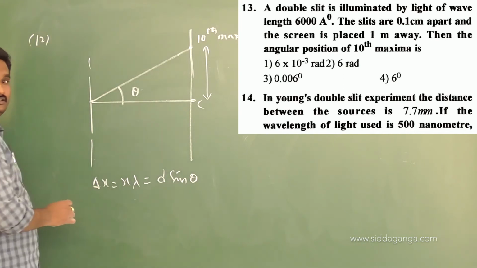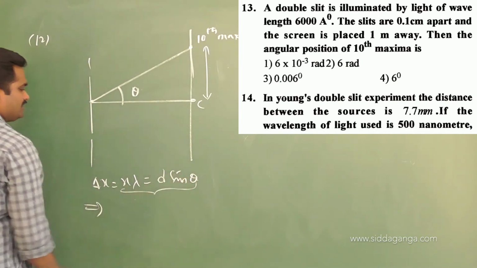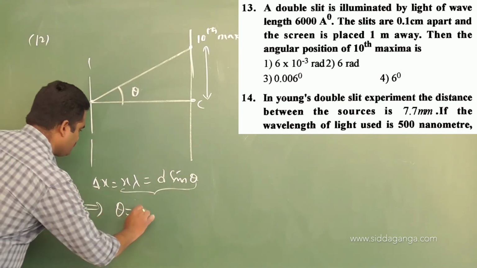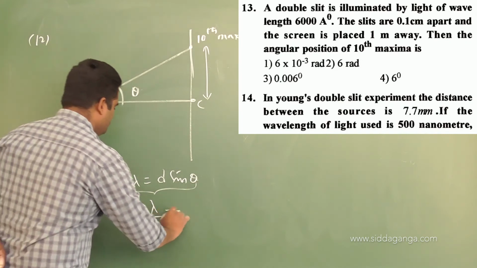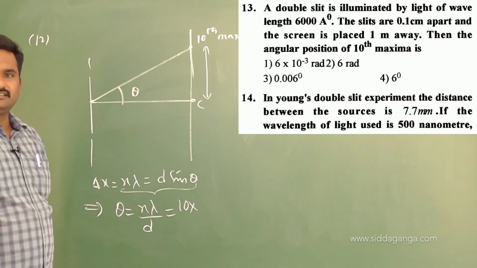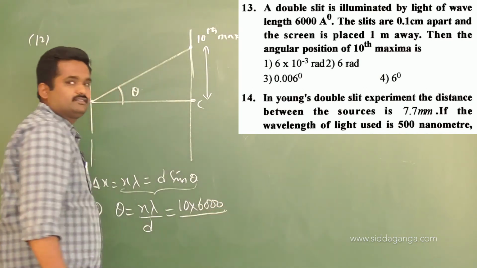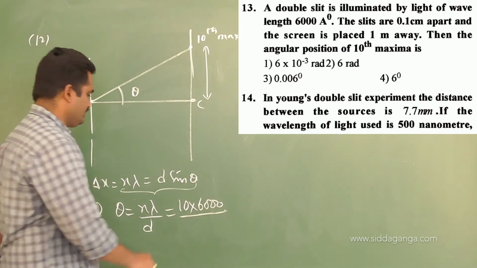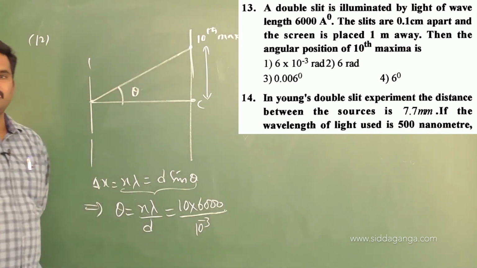From this relation, sin theta is almost equal to theta, so theta equals n lambda by d. n is 10, the wavelength of light is 6000 angstrom, divided by small d, the distance between the slits, which is 0.1 centimeter, meaning 10 power minus 3 meters.